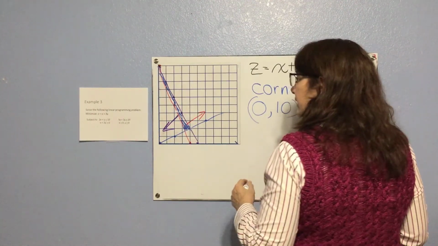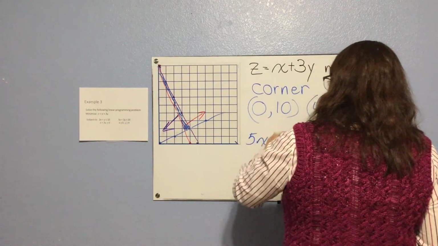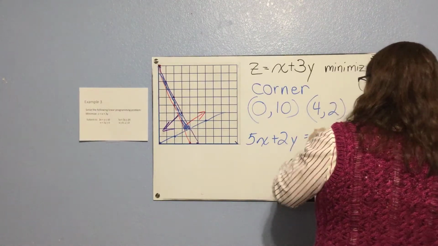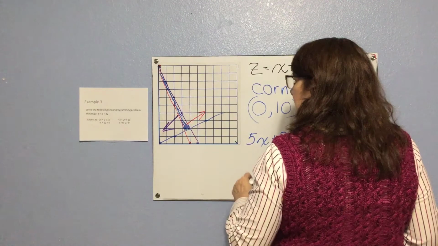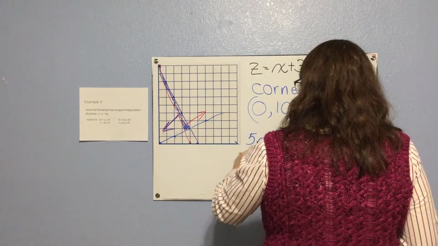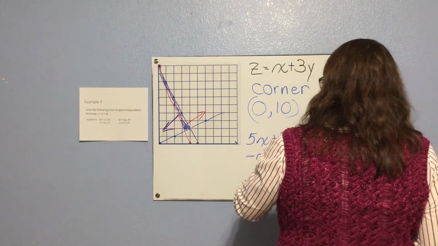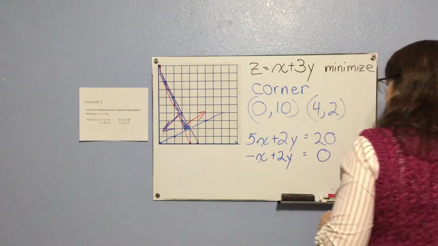And that's the intersection of 5x plus 2y equals 20 and negative x plus 2y equals 0.